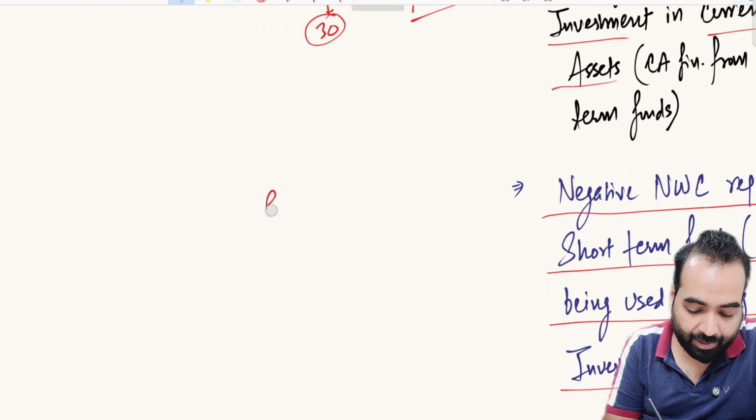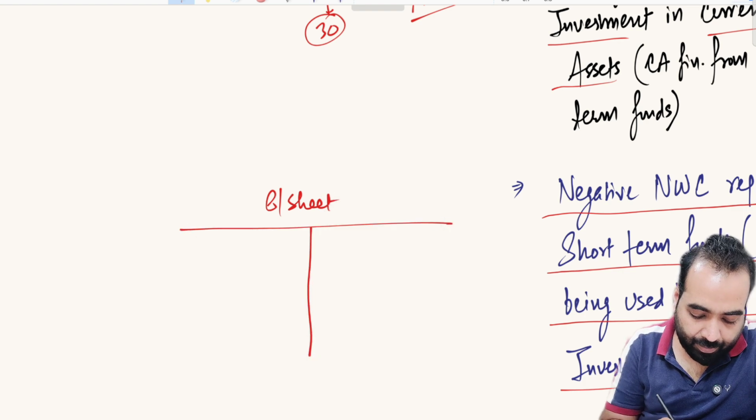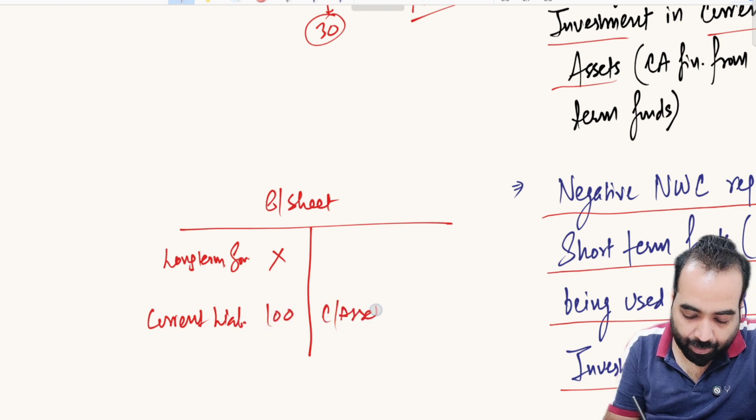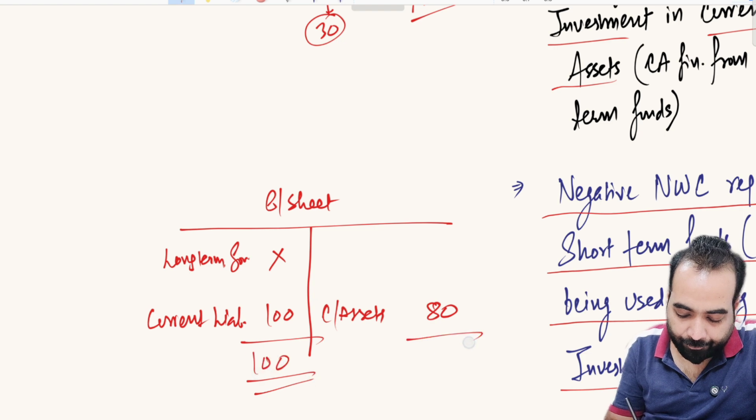Let's build a balance sheet here. Suppose there are no long-term sources, no non-current liabilities, I mean to say, only current liabilities of rupees 100. Current assets are rupees 80, right? So the balance sheet total must always tally.